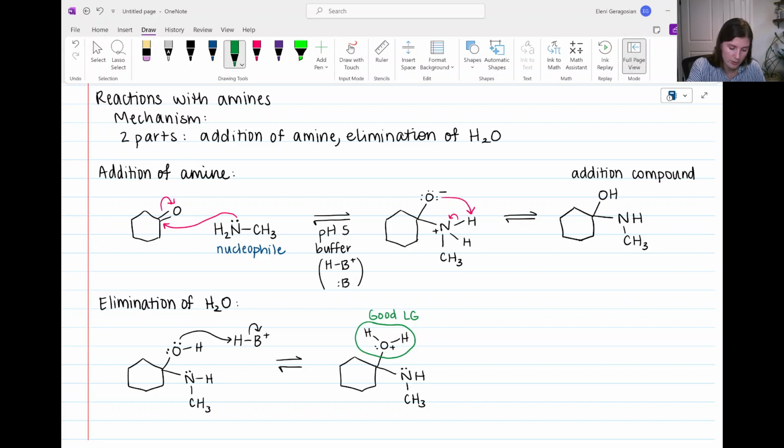So here's our good leaving group, which will leave. And instead of opening the shell of that carbon, the nitrogen, which is a good nucleophile, a good base, good atom to share electrons, will create a double bond to the carbon, and then the carbon to oxygen bond breaks and water leaves. So now in our molecule of interest, we have a carbon to nitrogen double bond. The nitrogen is bonded still to a CH3 and another hydrogen. But now this nitrogen has 4 bonds, so it has a positive charge. We've lost H2O.